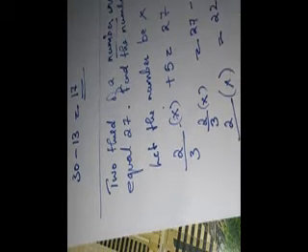Now what you have to do is 2x is equal to 66, which means 22 into 3. So 2x is equal to 66. x is equal to 66 divided by 2. The answer will be 33, right?